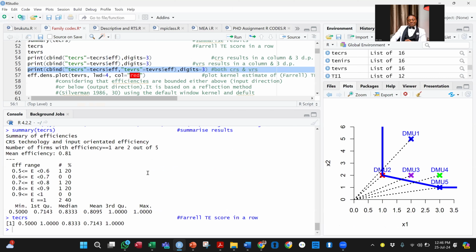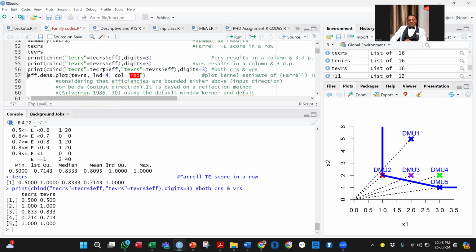Okay, so I have mine here, and I can see that even though I did that, I have run the correct one here. It's TECRS. So let's run that and see the results down there. You bring the TE here.